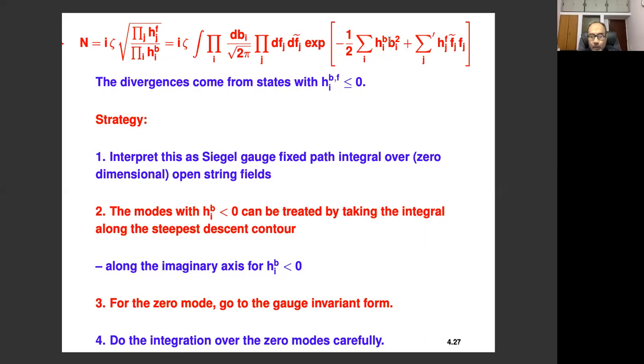The tachyonic modes we will handle this way, and for the 0 modes we'll basically say that the 0 modes appear because of some problem in the Siegel gauge fixing. So we'll go to the gauge invariant form and then try to make sense of this. Once you have gone to the gauge invariant form, namely the integration over the gauge invariant action divided by the volume of the gauge group, then you have to do the integration over the 0 modes carefully. And that's the way you try to do this integral.